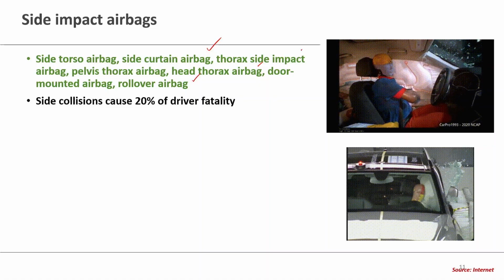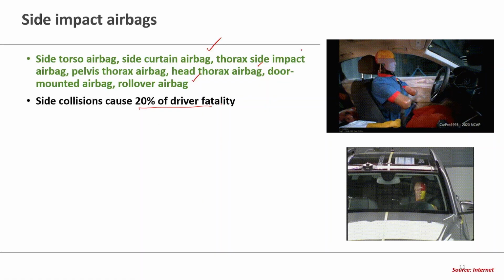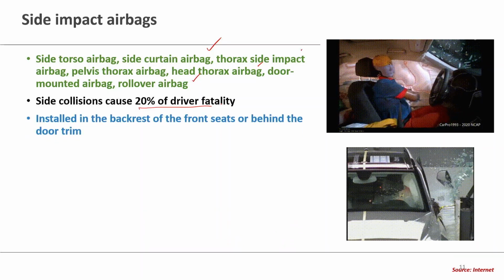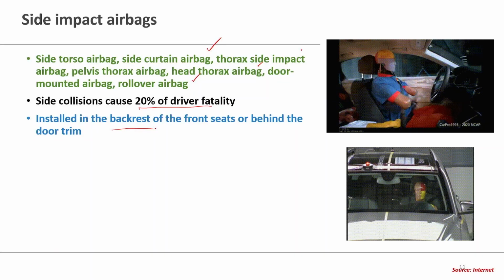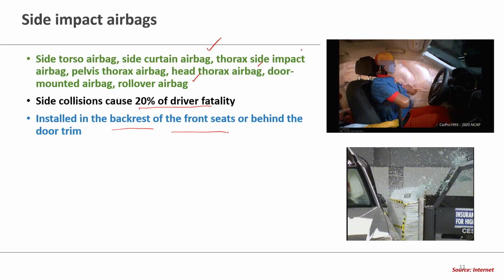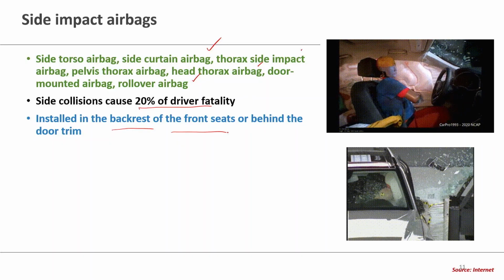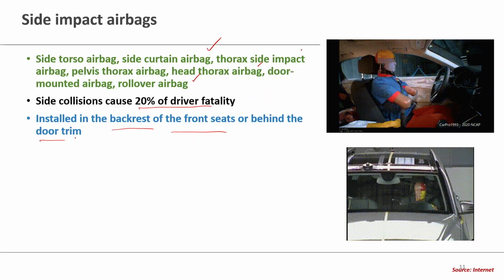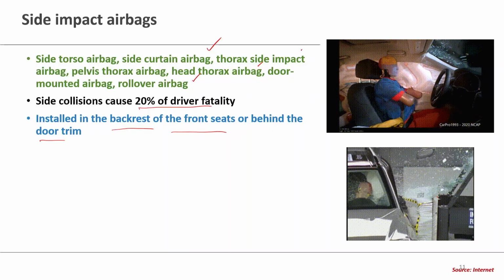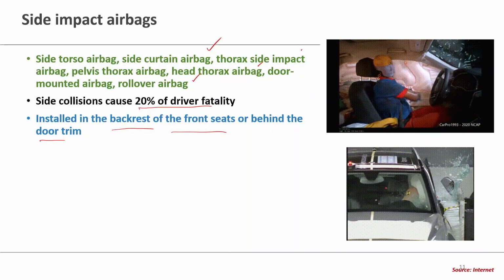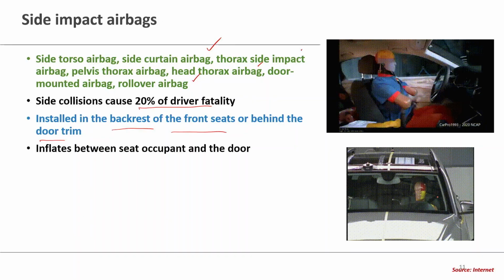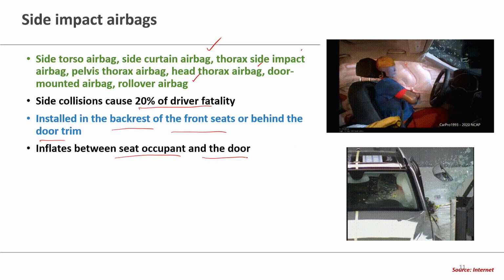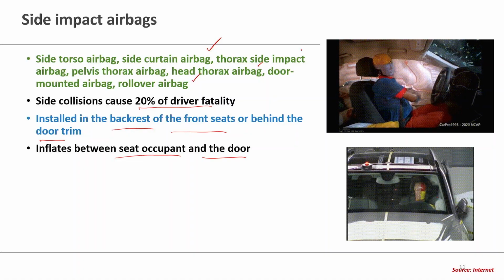Side collisions cause 20% of driver fatalities. It is installed in the backrest of the front seat or behind the door trim, in places between the seat occupant and the door.